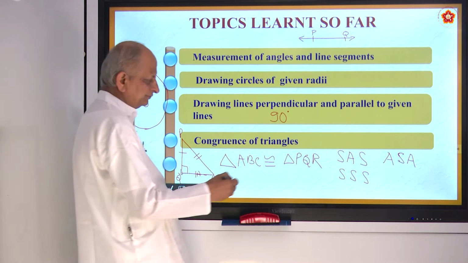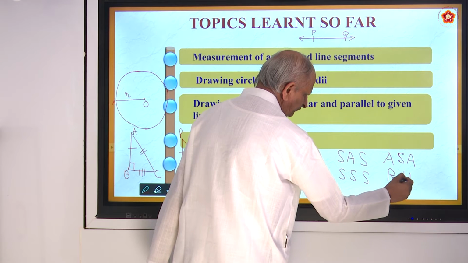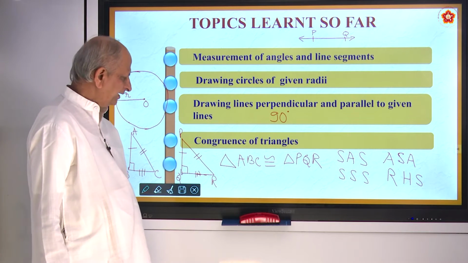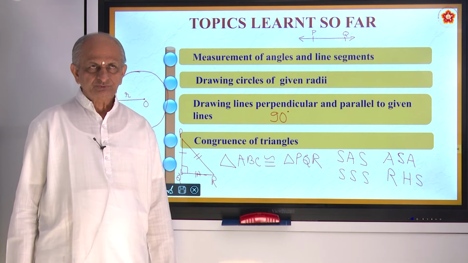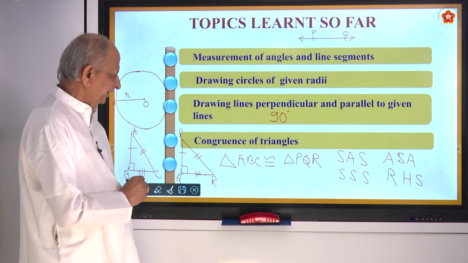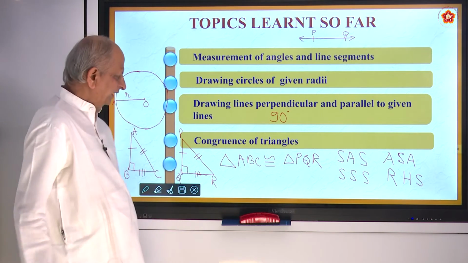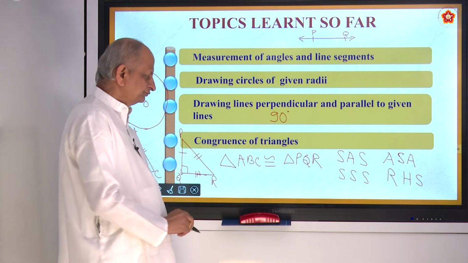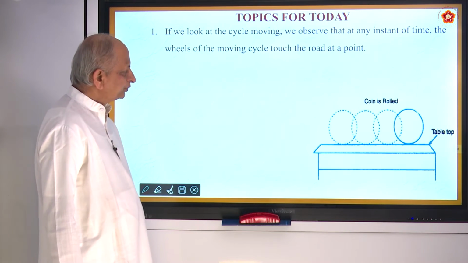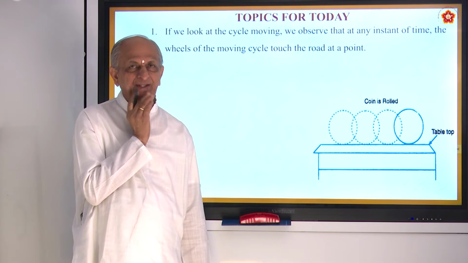And lastly, in a right angle triangle, if one of the sides and the hypotenuse of one triangle are equal to the other's corresponding side and the hypotenuse, then we say the two triangles are congruent. And this is the symbol I use, and this you have already studied in the previous class, right? Today's topic is about some special properties of circles.